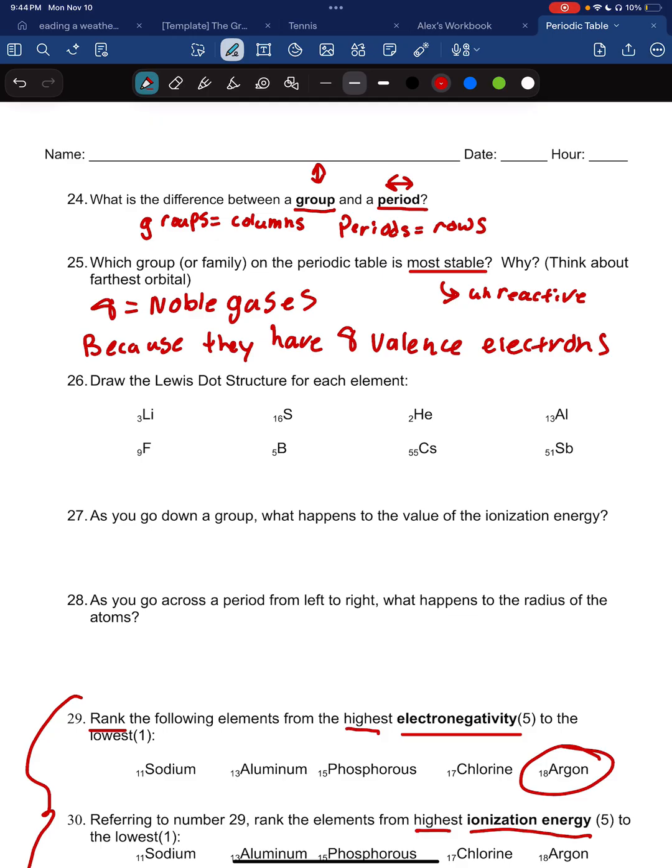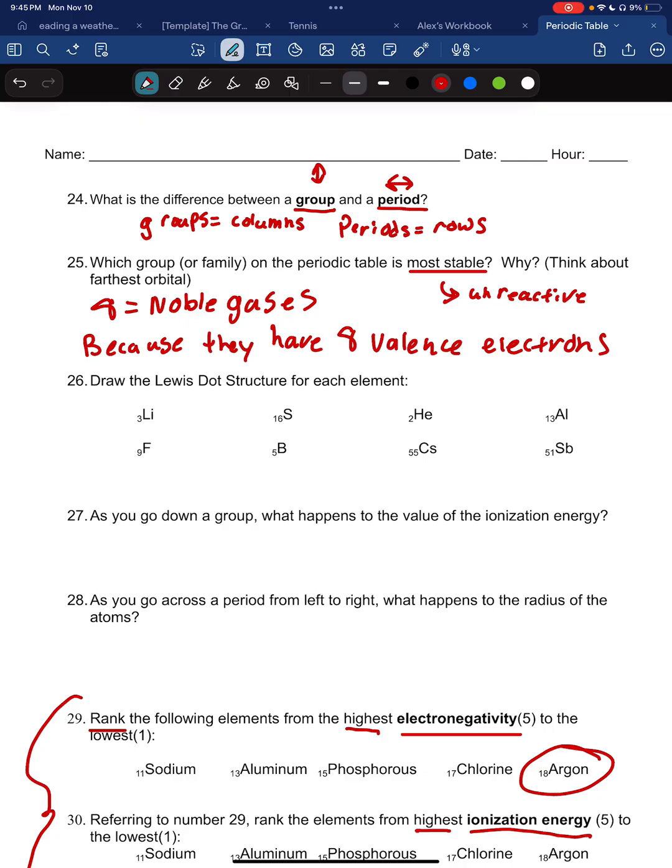Now, it says 26, draw the Lewis dot structure for each element. So if you were able to figure out how many valence electrons each atom has, you should be able to figure out the Lewis dot structures as well, okay? And again, I'm only going to do the first box of four, and you guys can figure out the other four, all right?